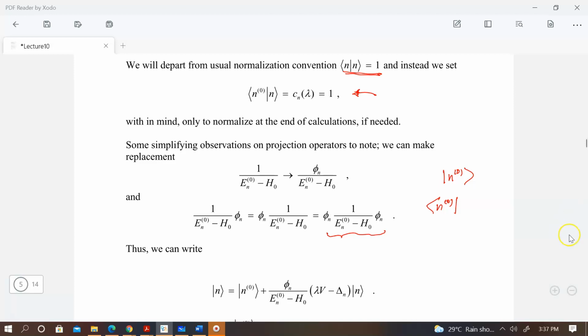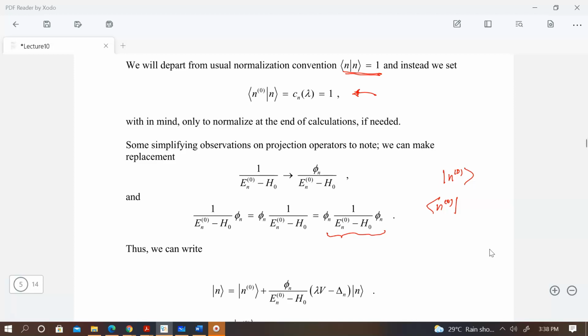So that we shall use it in a way which is contextual to the equation that we are considering, okay.